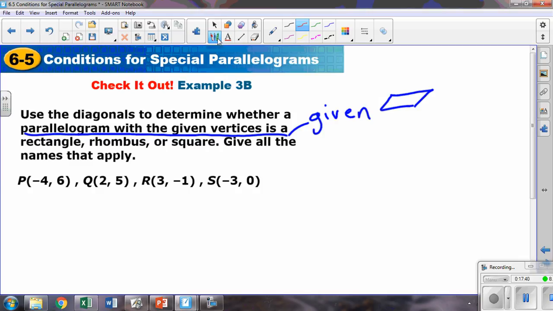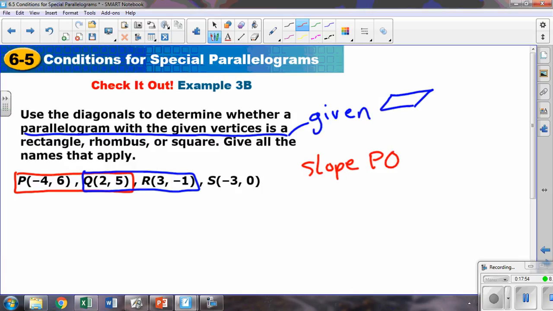And so checking our two sides, PQ would be a side. It, of course, is going to connect over to QR. So checking the slope of PQ, we'd have 6 minus 5, negative 4, subtract 2, which gives us 1 over negative 6.